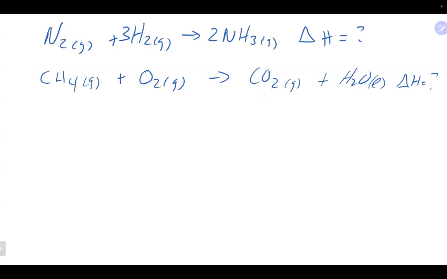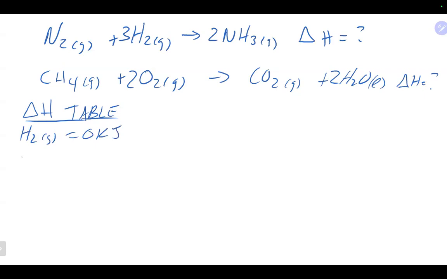So a couple of those. Perfect. All right, so some delta H values here that you would find from the table. H2, 0 kilojoules. O2, 0 kilojoules.